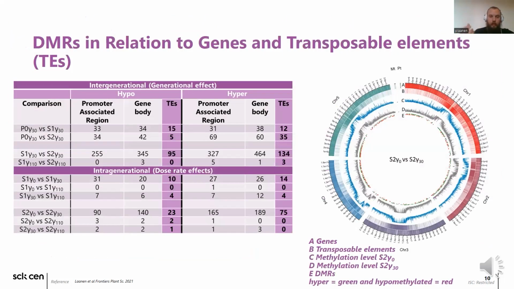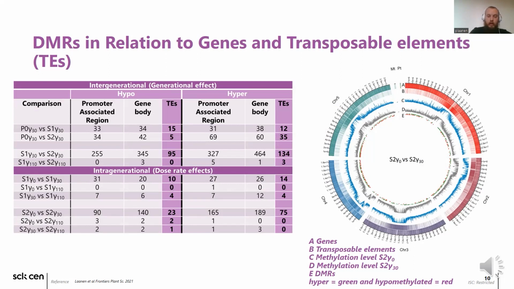When we looked further into the location of these differentially methylated regions, we saw that a significant number was associated with genes, either in the promoter region or the gene bodies. And additionally, we saw that a significant number is associated with the transposable elements.